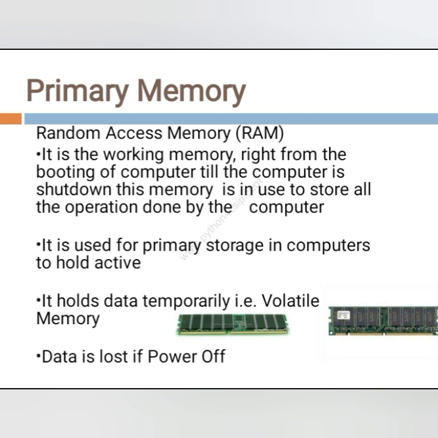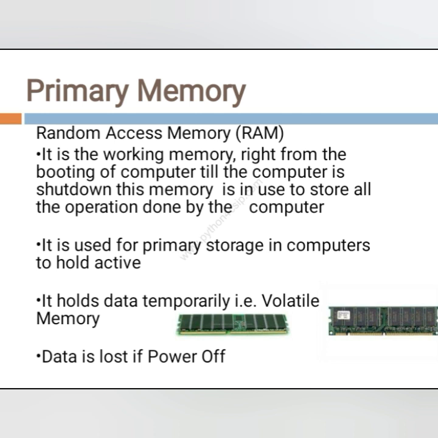Random access memory is a working memory, and right from the booting of computer till the end of the computer's functioning, it is taking data. It is used for primary storage in computers to hold active data. It holds data temporarily, that is volatile memory.